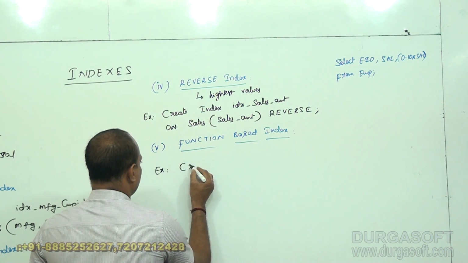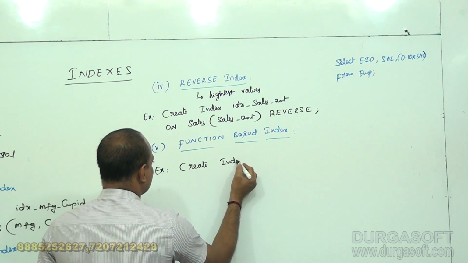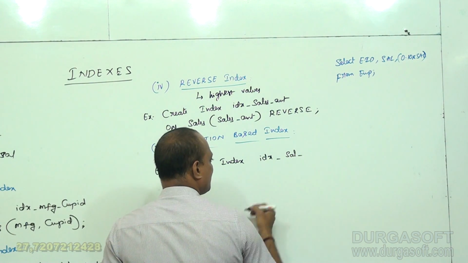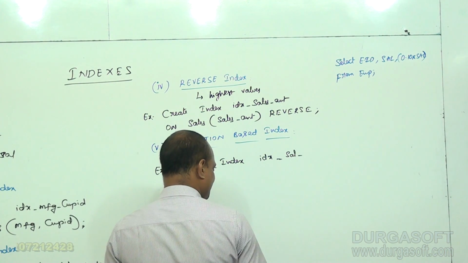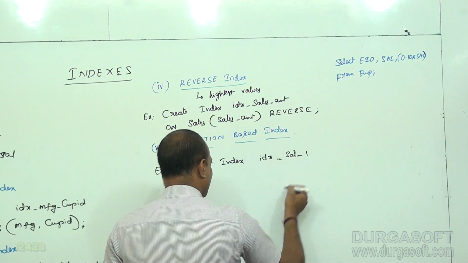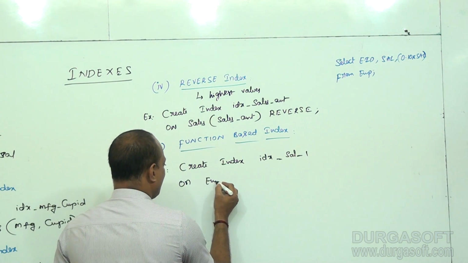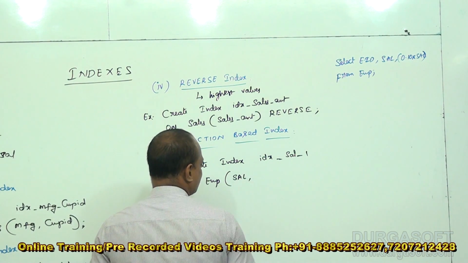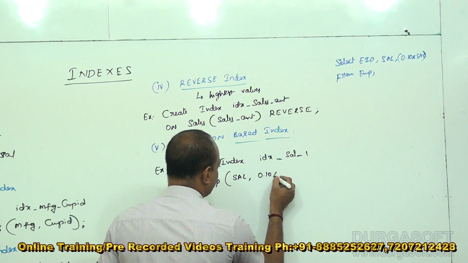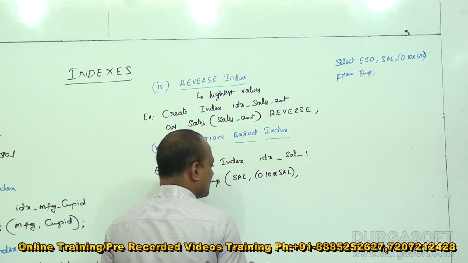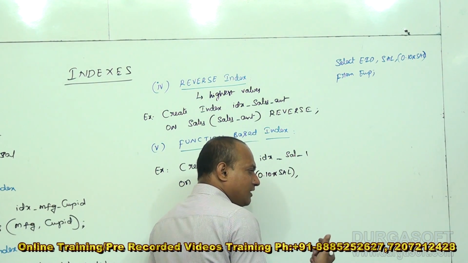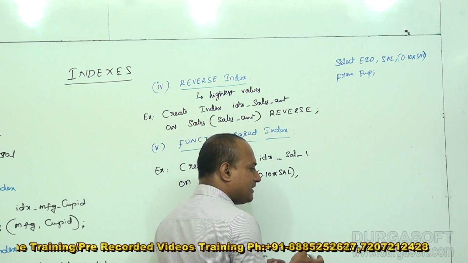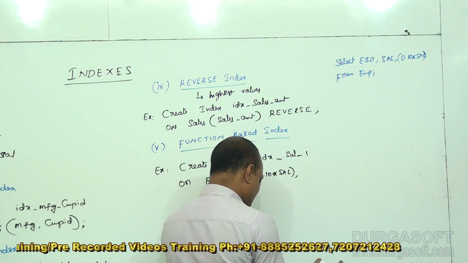Here example, create index, and the index name is IDX underscore salary 1 on the EMP table, and I am creating the index on salary, comma 10% of salary, 0.10 into sal, and also I am fetching the data from the ename column, and the employee names should be displayed with the beginning character capital and remaining characters small.